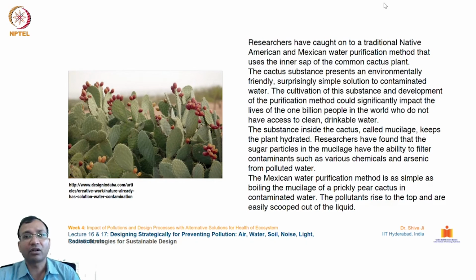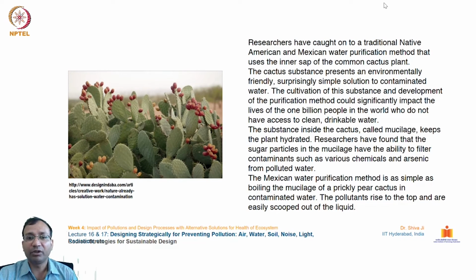The substance inside the cactus, called mucilage, keeps the plant hydrated. Most of us may have seen these cactus plants. Even in harsh summers, they maintain their hydration level. Researchers have found that the sugar particles in the mucilage have the ability to filter contaminants such as various chemicals and arsenic from polluted water.